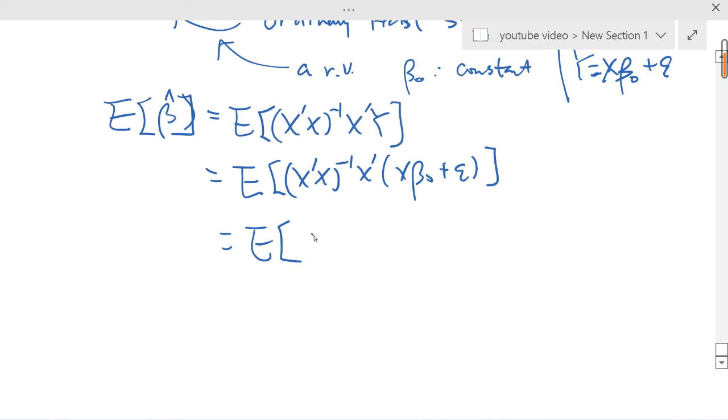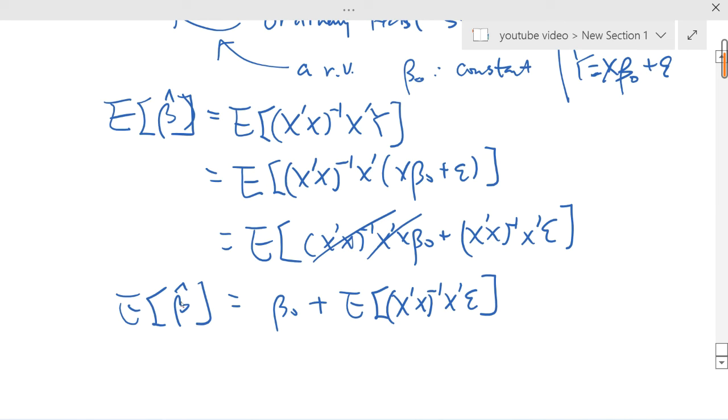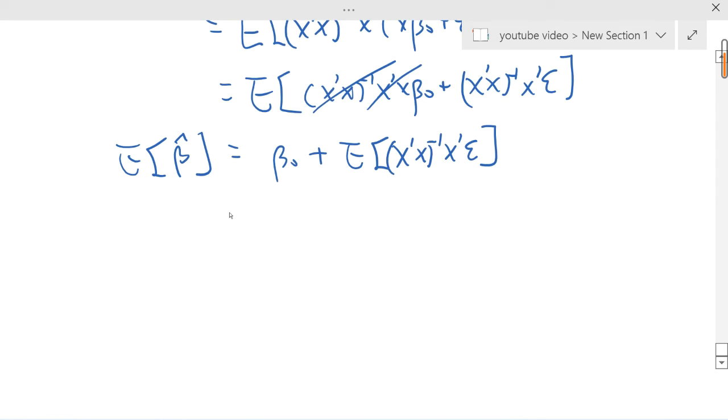Multiply inside, and this cancels out with this. So it's beta 0 plus x prime x inverse x prime epsilon. Okay, let's take the expectation of beta hat.